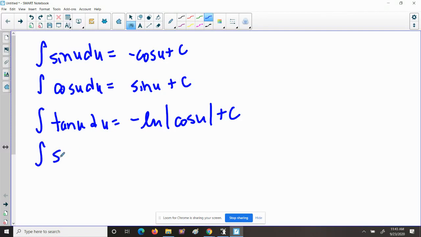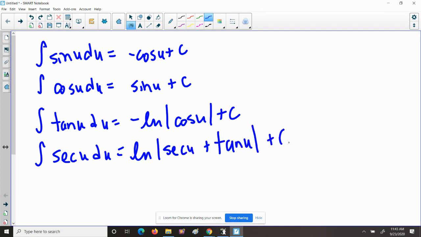Integral of secant of u du is natural log of absolute value of secant of u plus tangent of u plus c.